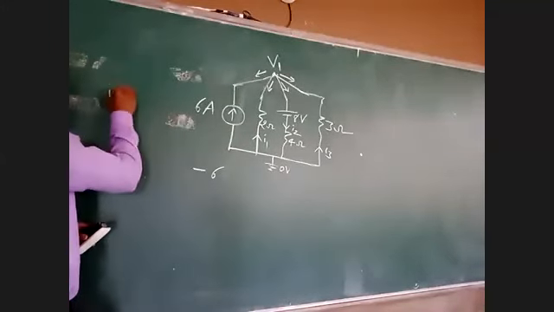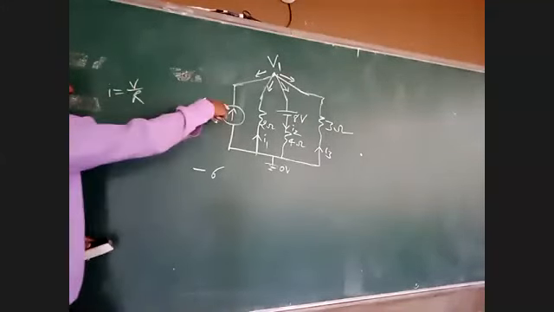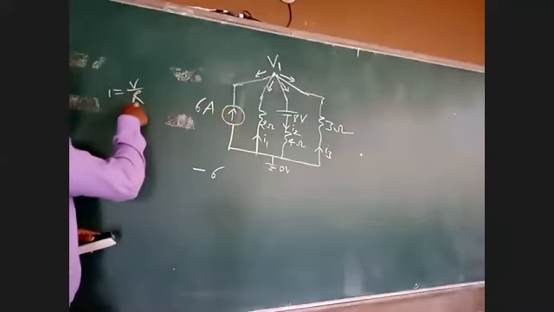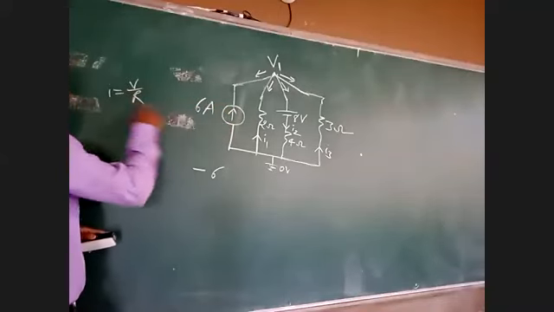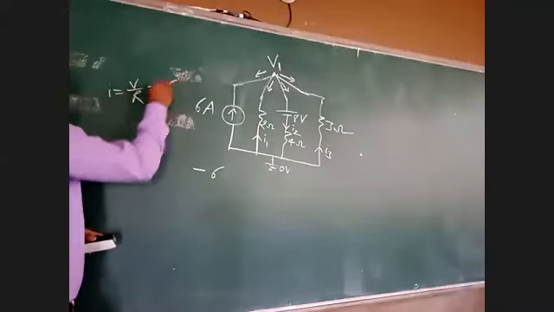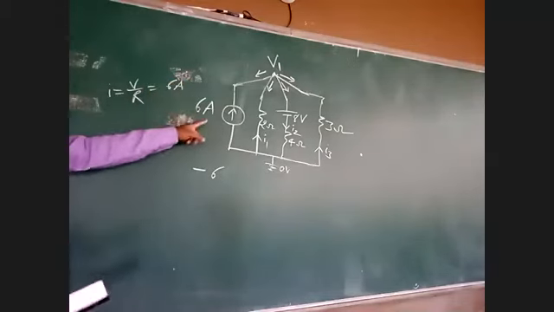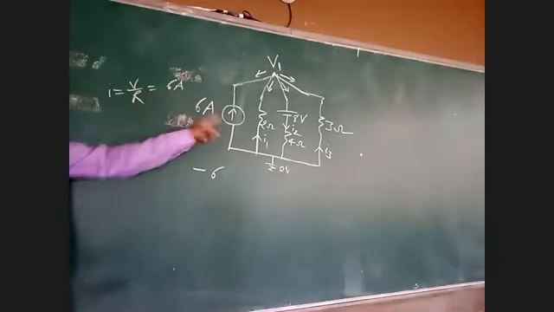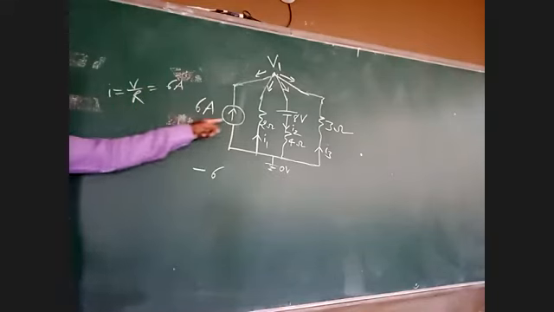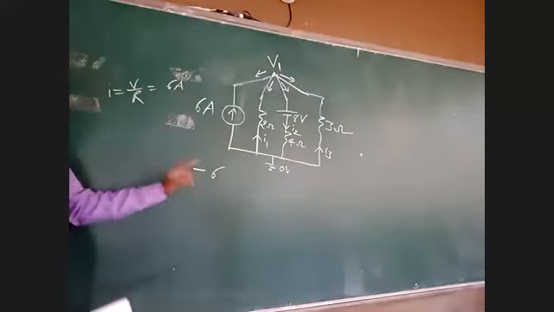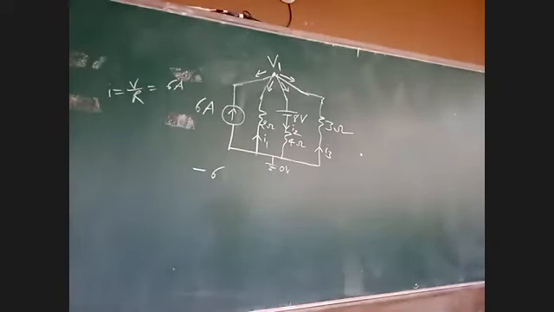If you want current, it is V by R, but here we are not having any resistance in this branch. Directly current is given: 6 ampere. There is no voltage and no resistance here. If current is entering into the node point, we'll take it as minus.